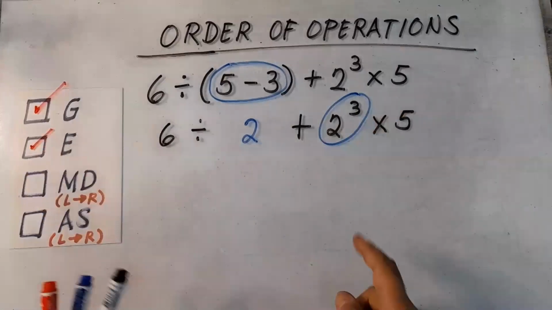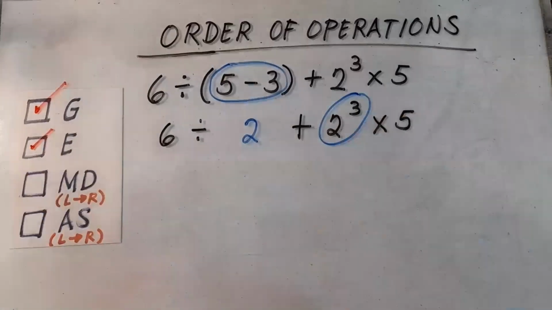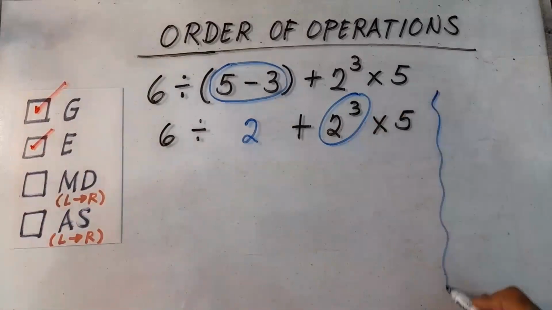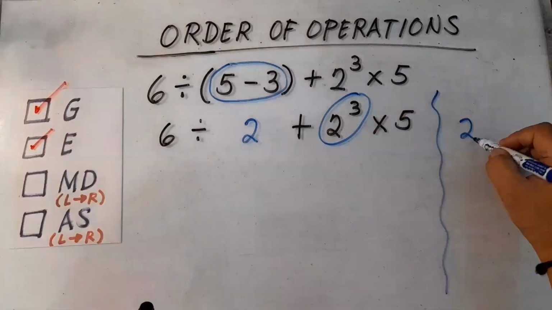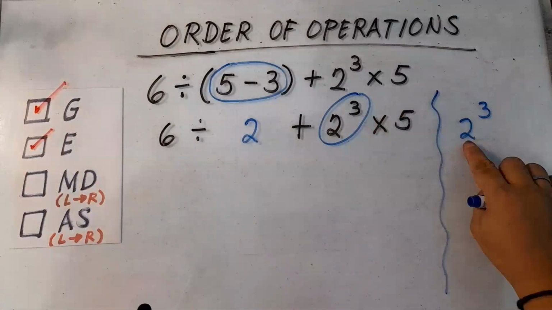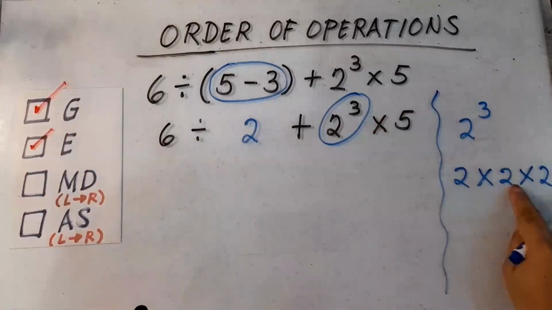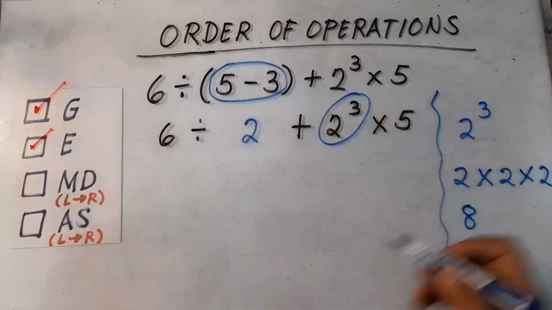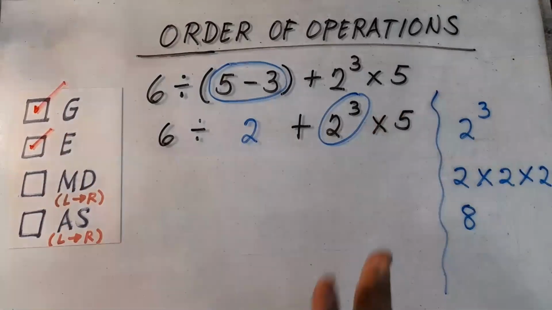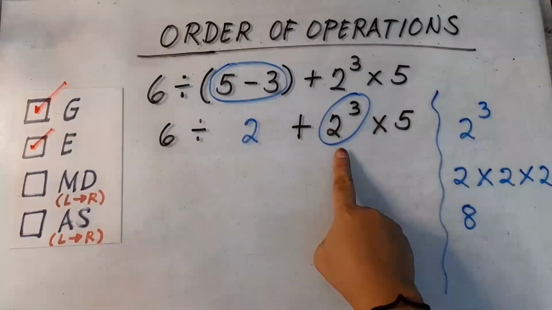So, ano ngayon yung 2 raised to 3? Dito tayo sa side. 2 raised to 3. That means we will use 2 3 times. 2 times 2 times 2. And what is 2 times 2 times 2? That would be 8. So, ang gagawin natin, we simplify 2 raised to 3.